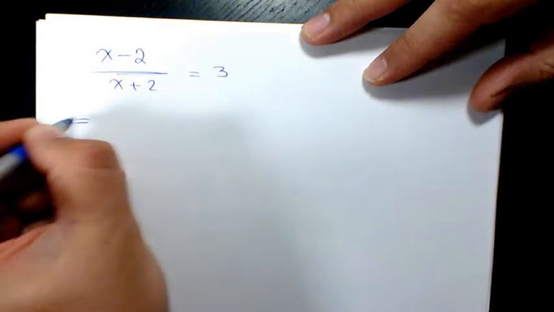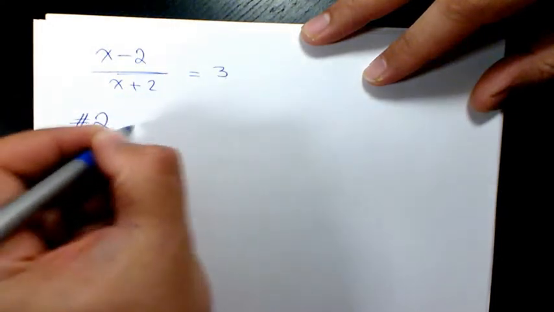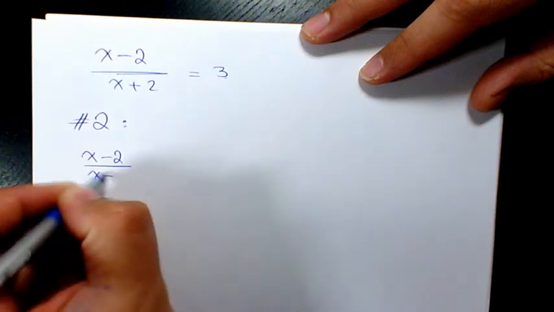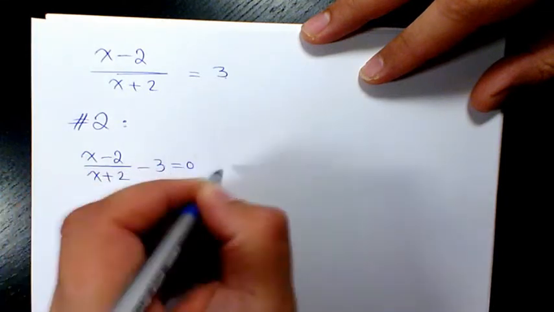Let me solve it in another way. We have x minus 2 over x plus 2 equals 3. I'm going to show you the second method. x minus 2 over x plus 2 minus 3 equals 0.